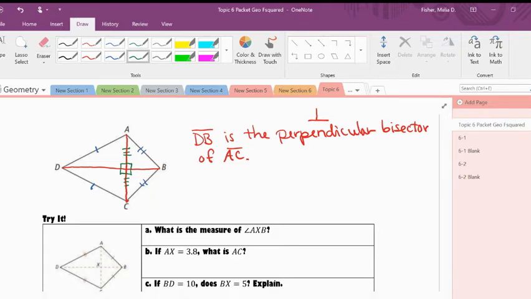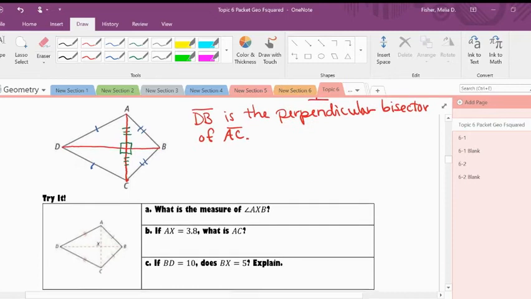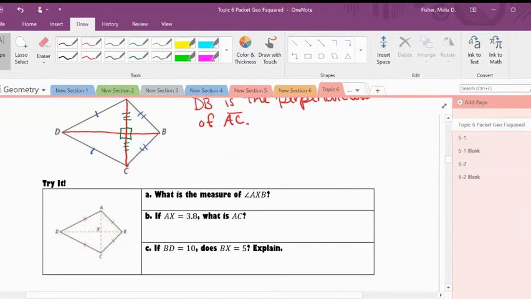So using that information, let's do the try it. If angle AXB, that one is going to be 90 degrees. That is the measure of angle AXB. If AX, so this is 3.8, what is AC?